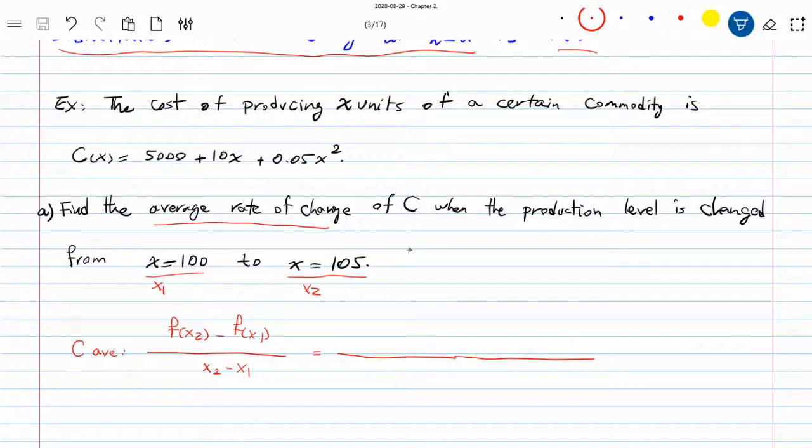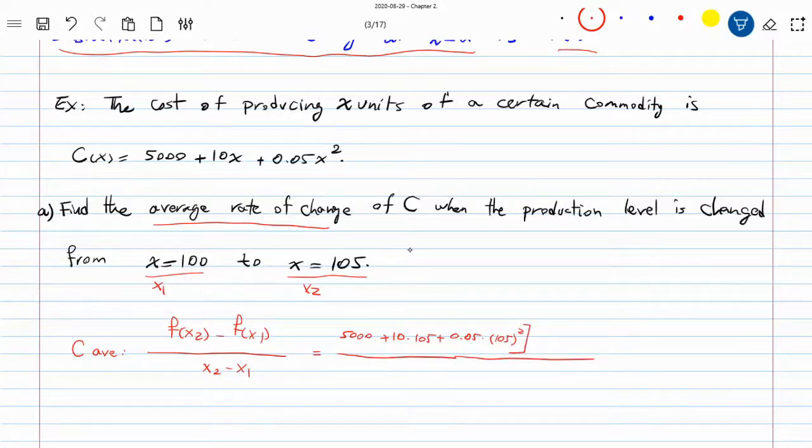Okay, so it'd be 5,000 plus 10 times 105 plus 0.05 times 105 squared.